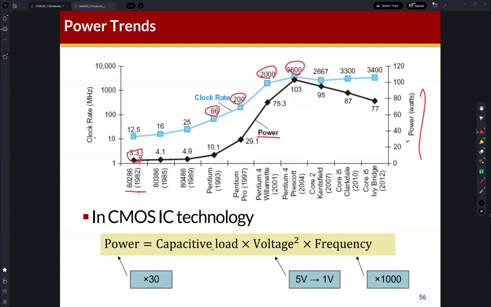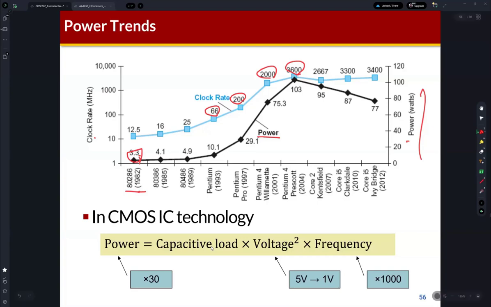This number, 3.3 watts, is lower than our smartphone CPU, right? It depends on the operation mode, but usually the maximum power consumption of our mobile CPU is around 5 watts, and recently it's higher, right?